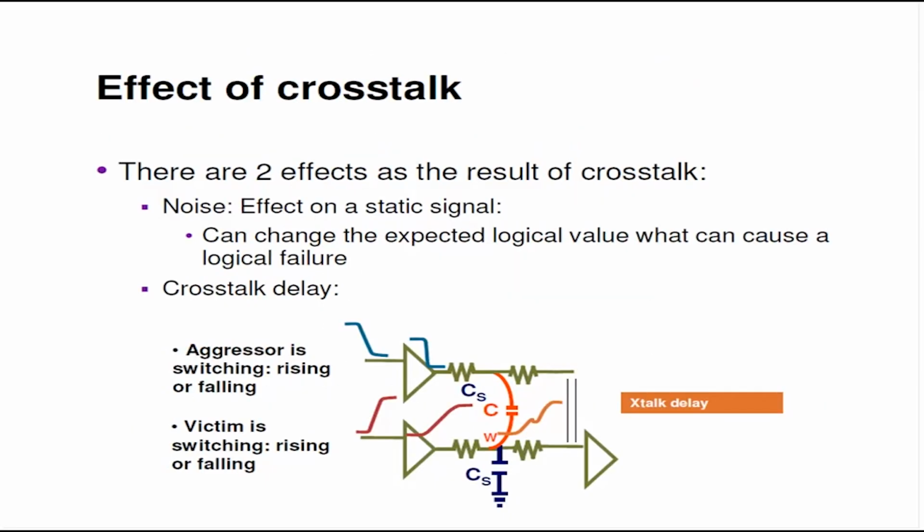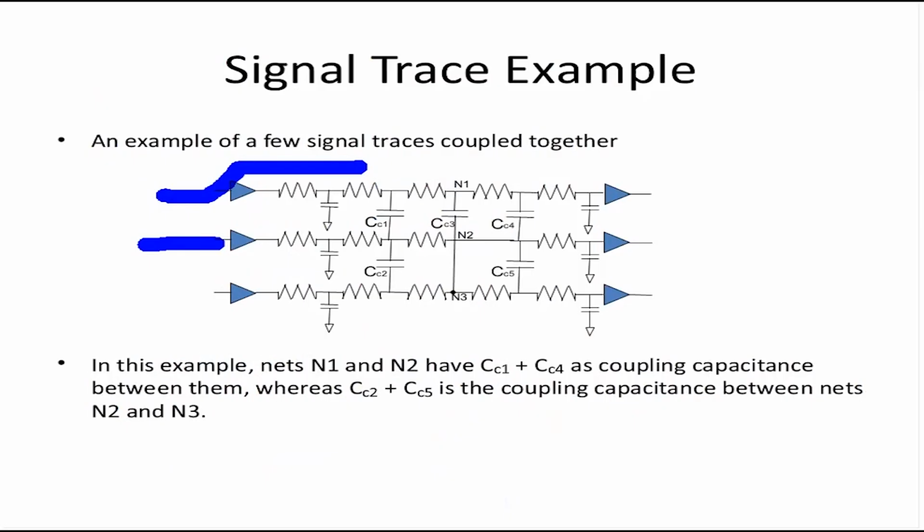Now if the change on the aggressor affects the logical value on the static signal, and if it can cause a noise or a logical failure, then this effect is called noise. What it means is, let's say the buffer here is driving a 0, and the signal on N1 changes its value to 1.